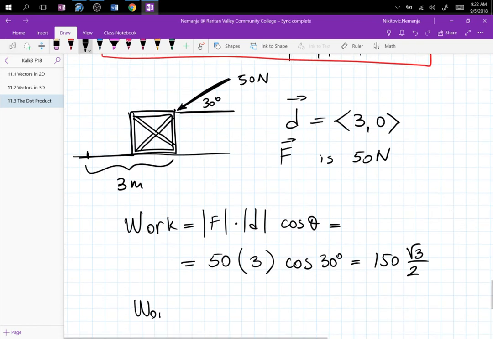So work is 75 root 3. It's about 220 joules of work.